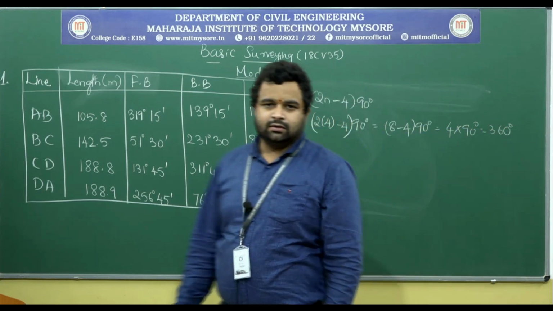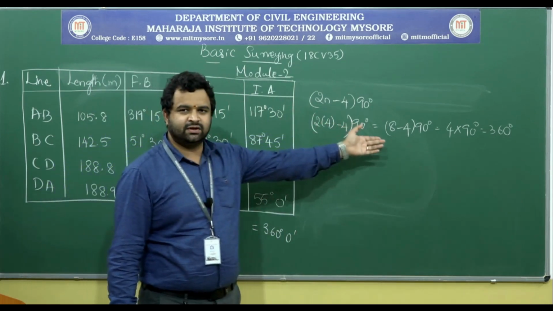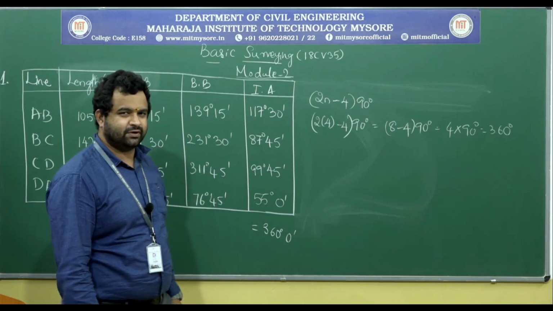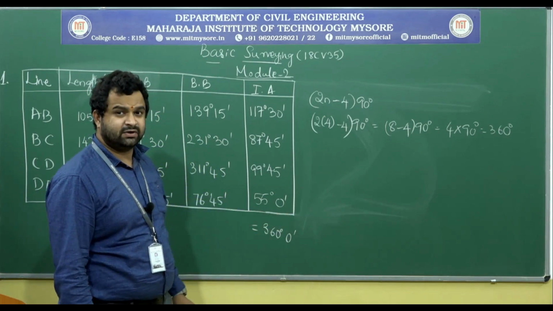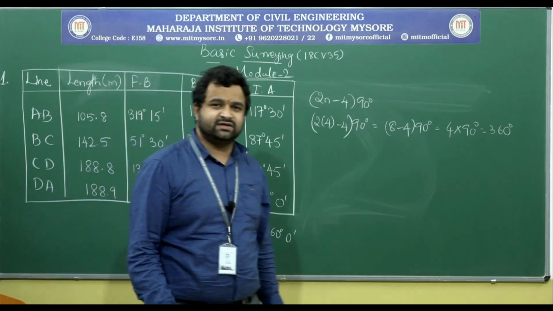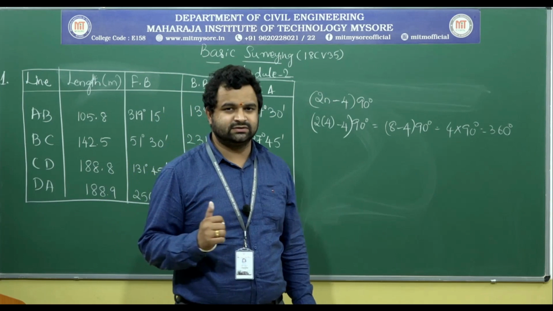Yes, the sum of the included angles given is equal to the theoretical sum of the included angles, given by (2n minus 4) into 90. So you can say there is no error in the included angles, but we have to check whether there is error in the latitudes and departures of the survey lines.